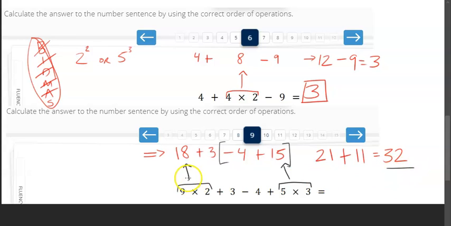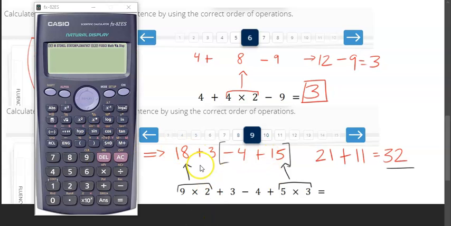Now, a bit of a secret: when you have pluses and minuses and you only have that left, so after you've done your multiplications and divisions, you can actually go ahead and put this into your calculator without working out the additions first and then the subtraction.